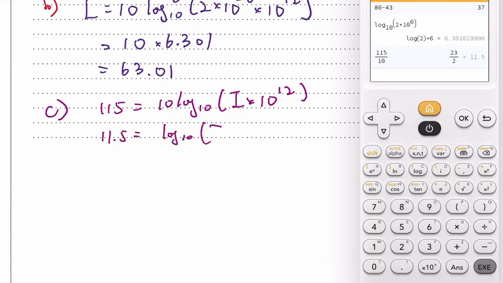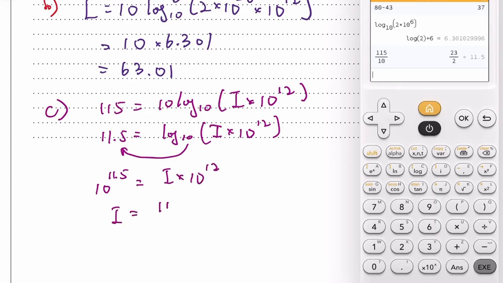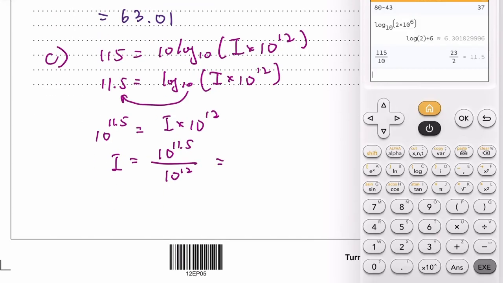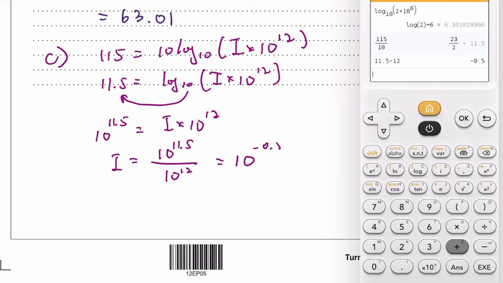But it'll be nice if you want to practice your log. So log base 10 of something is 115. That means 10 to the power of this would equal to that thing. You should know this, in case for paper 1. Then you divide by 10 to the power of 12. Then 10 to the power of 11.5 over 10 to the power of 12 is law of indices. You do the top index minus the bottom index, so it's negative 0.5.